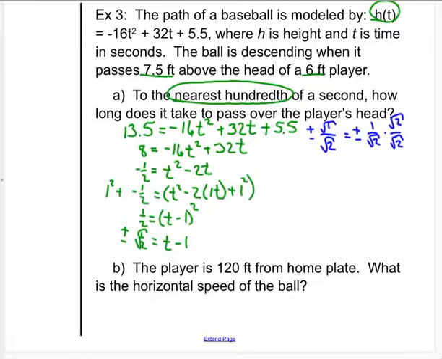And of course, to keep things equal, we multiply the numerator by that as well. So this becomes positive or negative square root of 2 over 2. So looking back at this equation, I now have positive or negative square root of 2 over 2 equals t minus 1. So to solve for t, I'll add 1 to both sides.